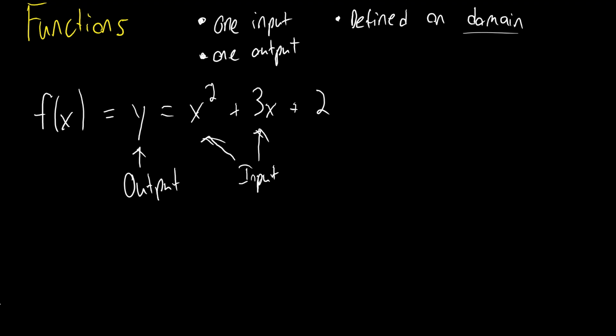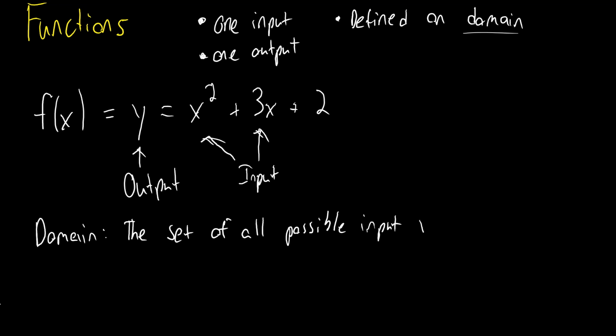Now that we know what a function looks like, what is this domain that I'm talking about? Well, the domain is the set of all possible input values, okay? And your input values are your x.